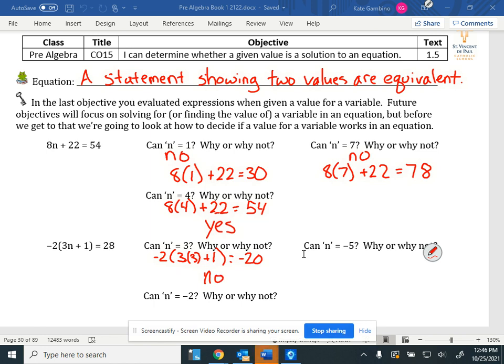Go ahead and work on negative 5 and negative 2. See if you can figure out which one will work. 3 does not work. So you're going to want to do negative 2 with 3 times negative 5 plus 1, and negative 2 with 3 times negative 2 plus 1.